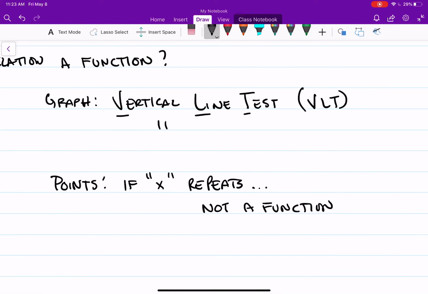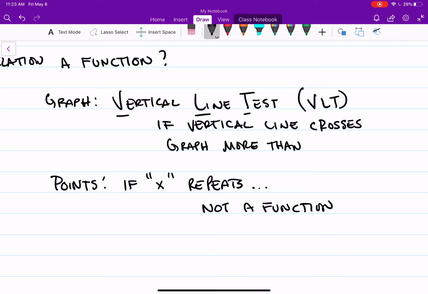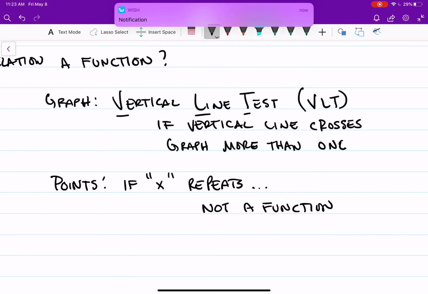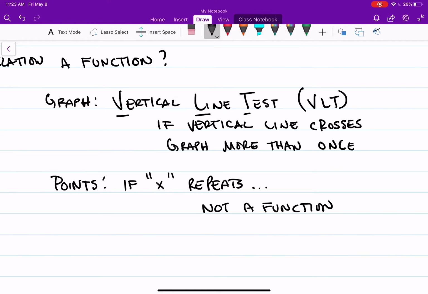So if a vertical line crosses the graph more than once, not a function.